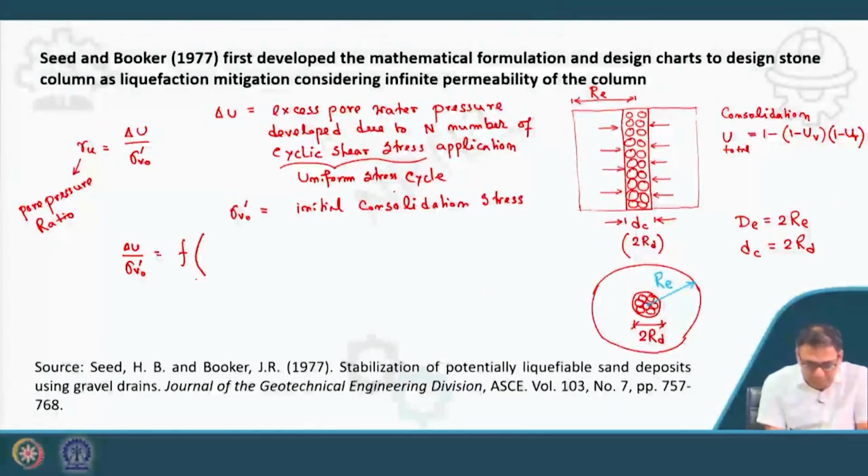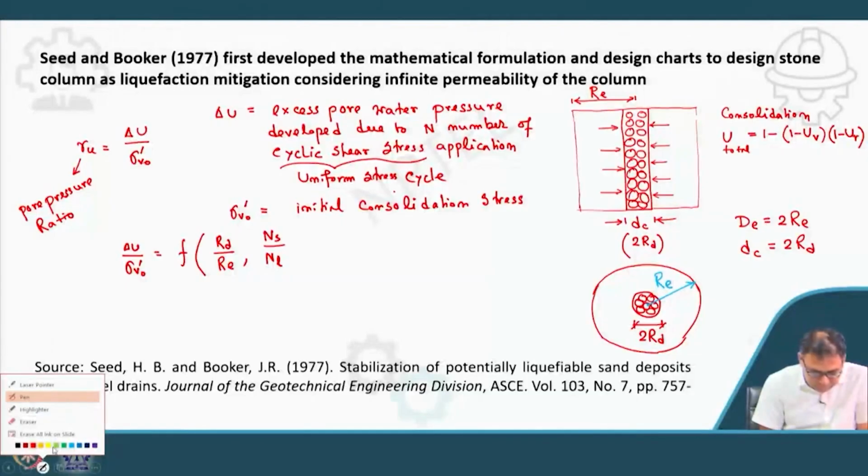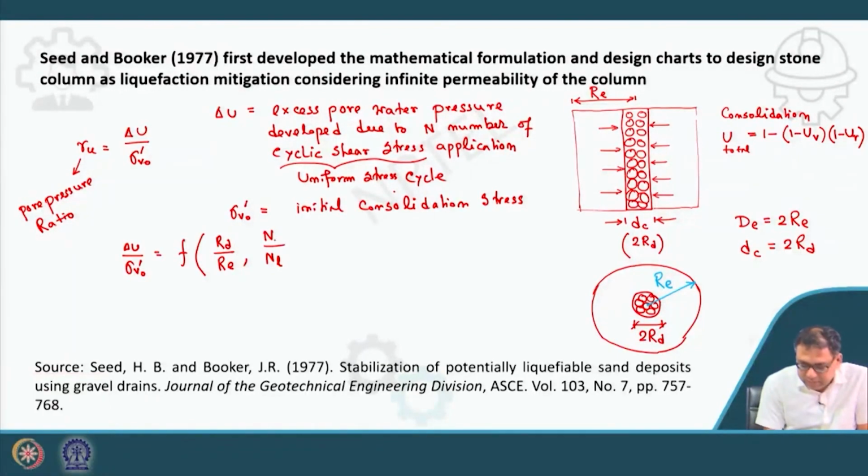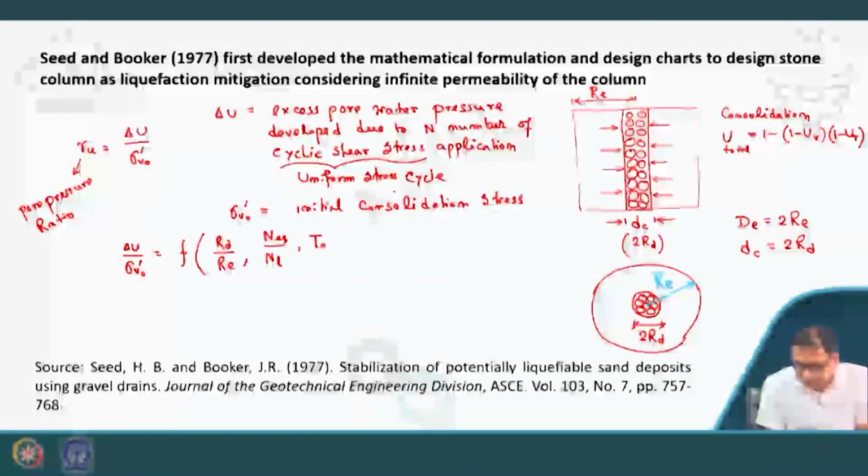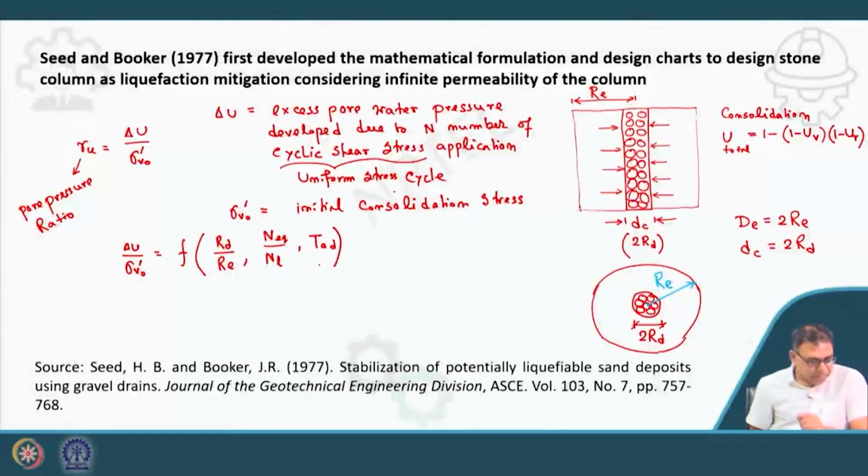This is a function of RD by RE, it is a function of NS divided by NL, or I should say this is a function of N equivalent and TAD. So one by one I will discuss what that is.